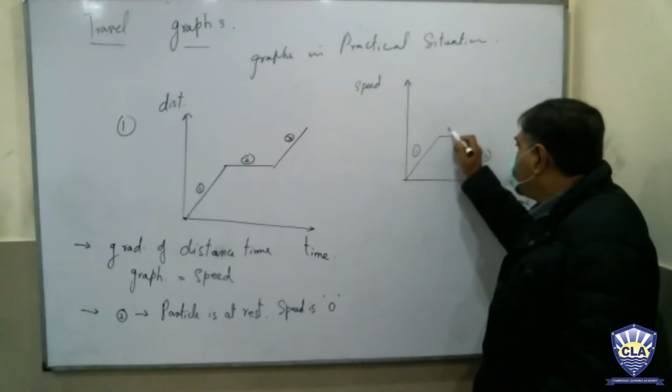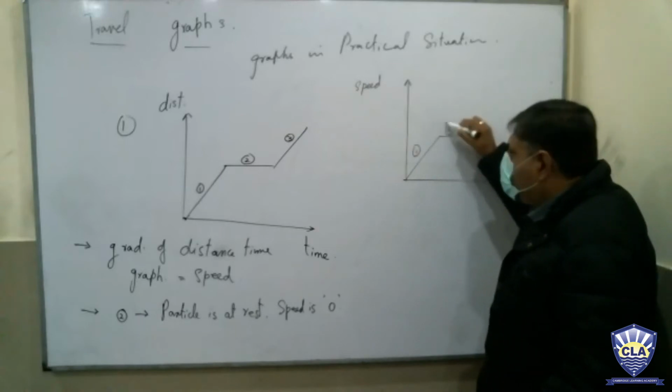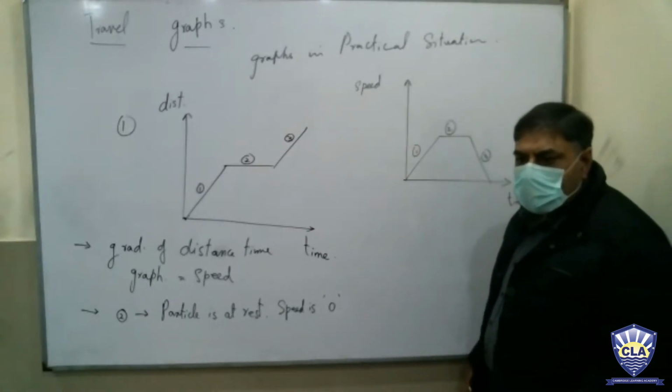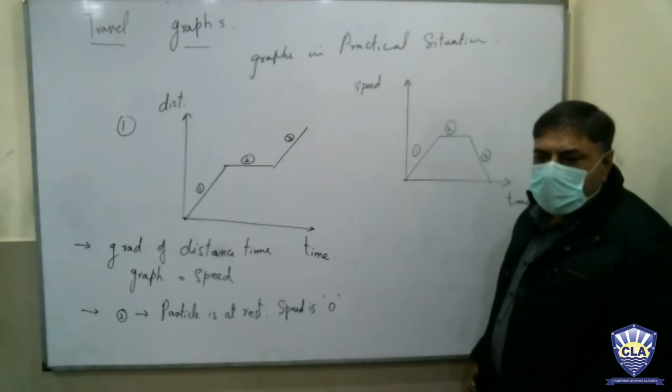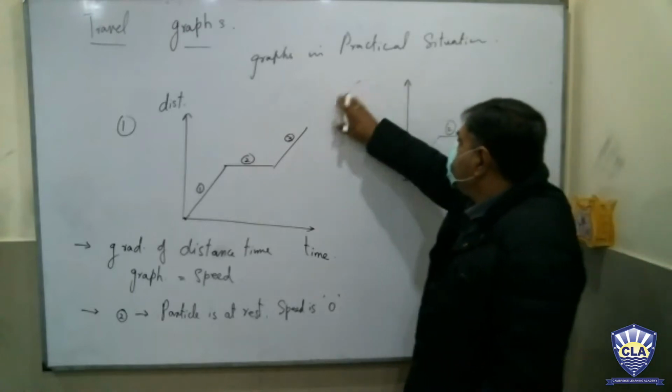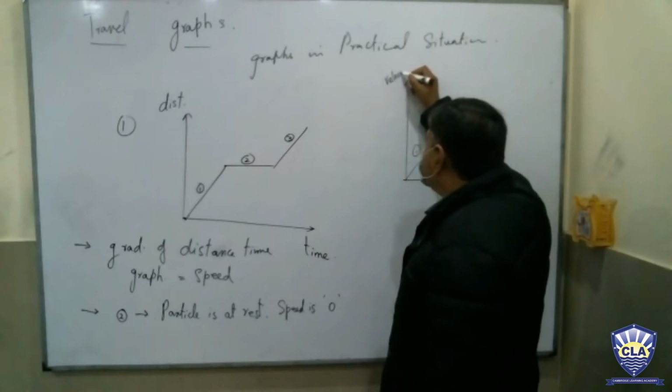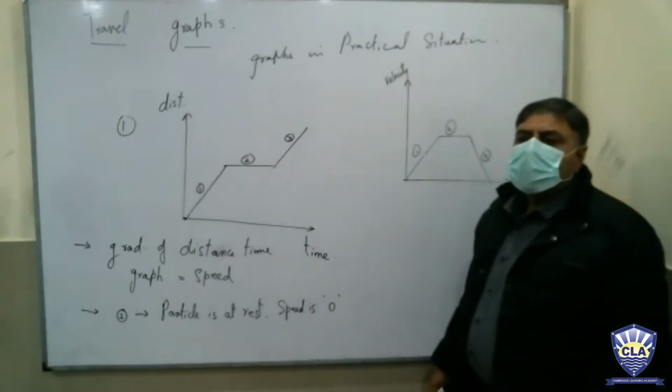Speed and velocity are the same thing. So it is a velocity time graph. How is the speed time graph in mathematics?